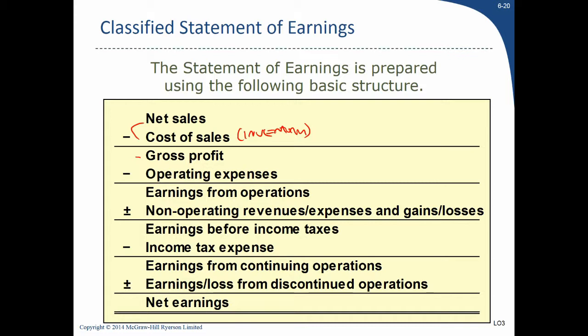Why do we subtract income tax expense separately? Because depending on what geographies you're operating in, or how your corporation is structured, you'll pay different tax rates. Investors often look at a company at the EBIT level, earnings before interest and taxes, because income tax expenses can distort your net earnings, even though the earnings before income taxes is exactly the same.